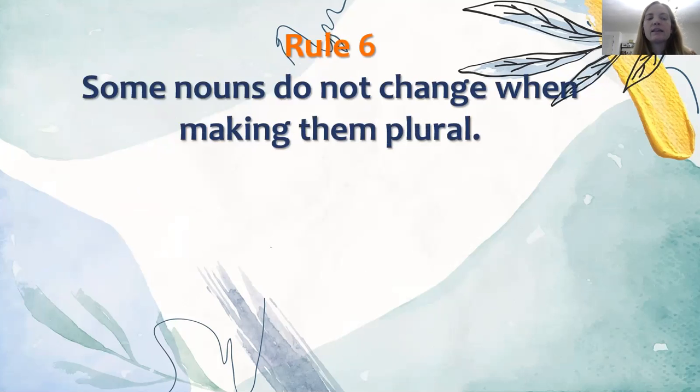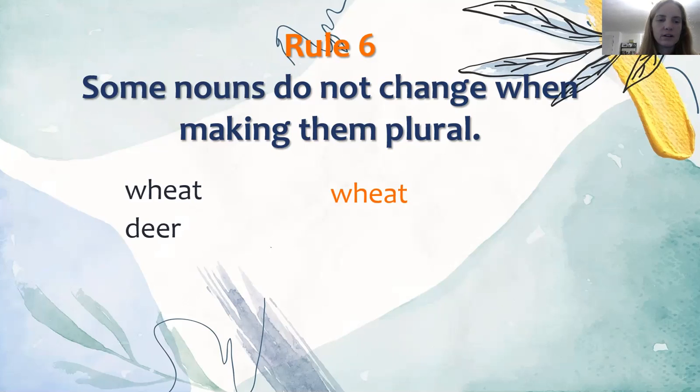Rule number 6, some nouns do not change when we make them plural. Like I told you, with deer, with fish, with sheep, it does not change. They stay the same. Wheat is another one of those words. It will always be wheat. Wheat is something you eat. It's like in bread, for example. It's what bread is made of.